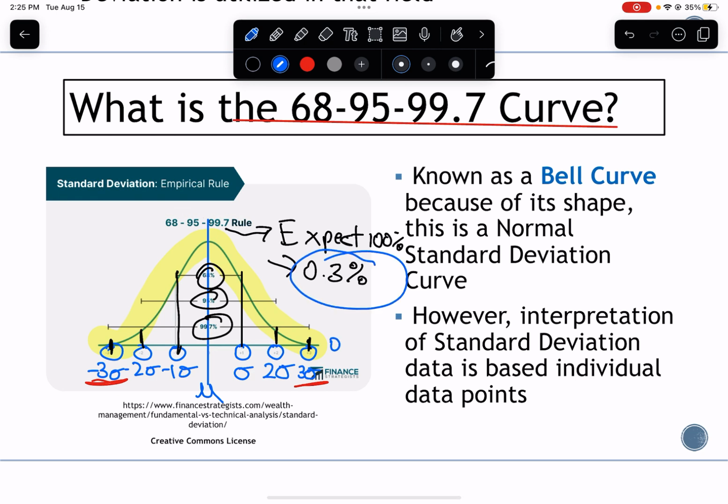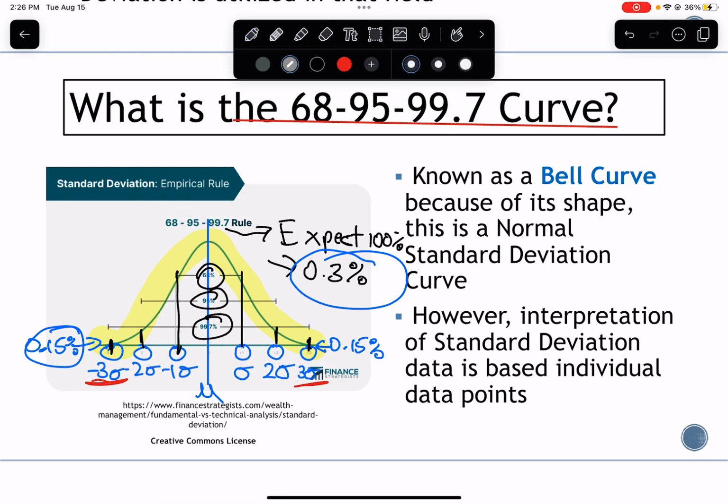So we have 0.15% here, and 0.15% here. Since you have 0.15% on this side and 0.15% on this side, it evens out, and when you add them together, that represents the 0.3%.